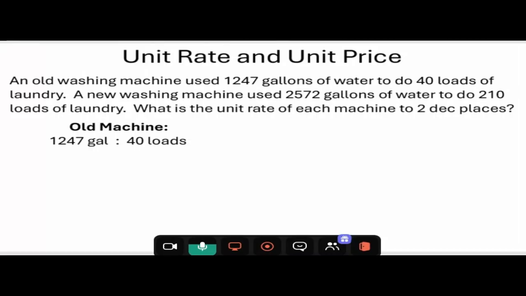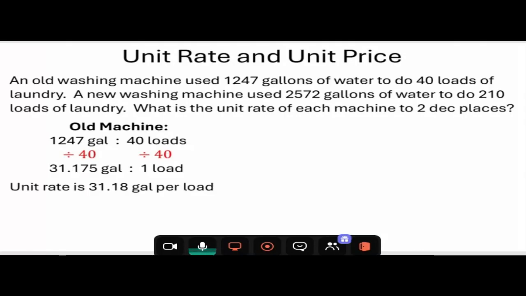There is the ratio for how much water for how many loads of laundry. To get the unit rate, we want to force the second piece to be 1. So we divide them both by 40. And it breaks down to 31.175 gallons to 1 load.